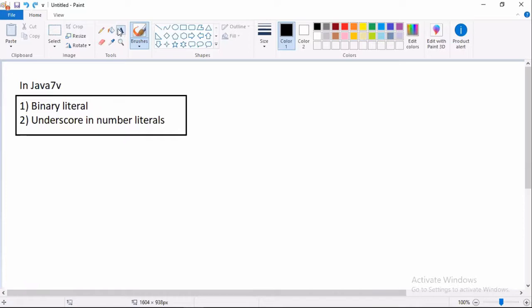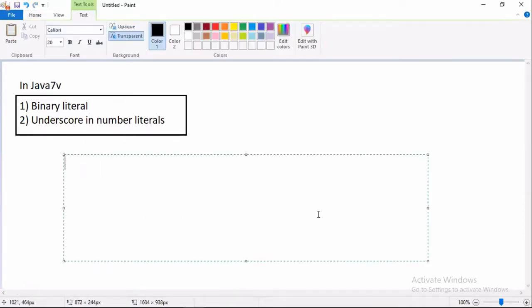What is the meaning of it? If I want to write a big number, reading is not that easy. For example, in real life, double amount equal to, here I am going to write 1 lakh. If you go to the bank and write 1 lakh, the cashier will place one comma here, one comma here.